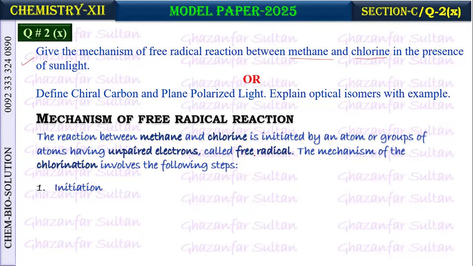If free radicals are required, the first step is initiation, which generates free radicals. Propagation: when the free radicals interact with the target molecule, a number of reactions can occur. And finally, if we want to terminate the reaction at any stage, then termination is carried out.